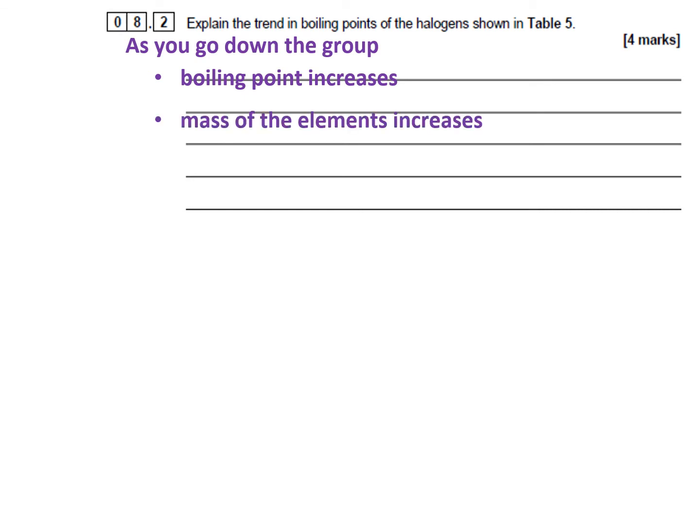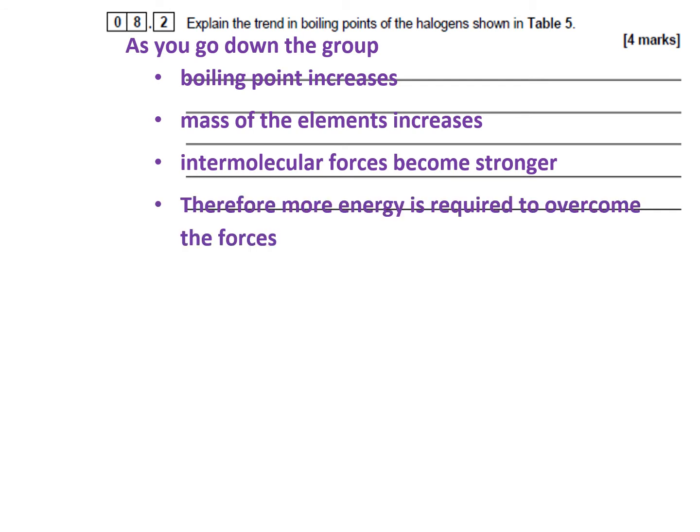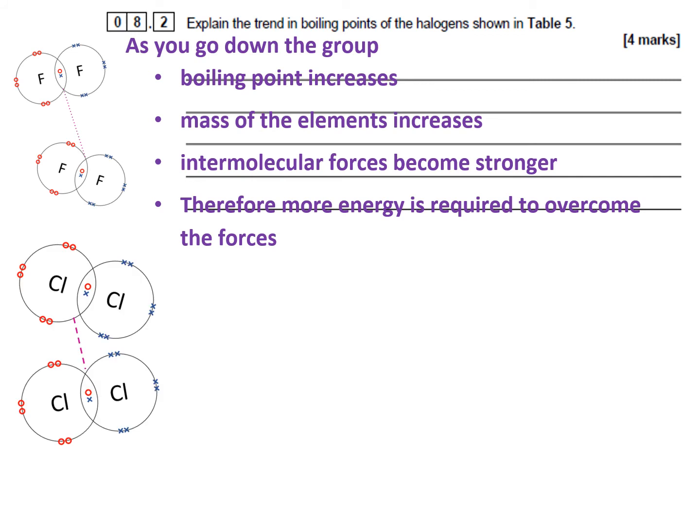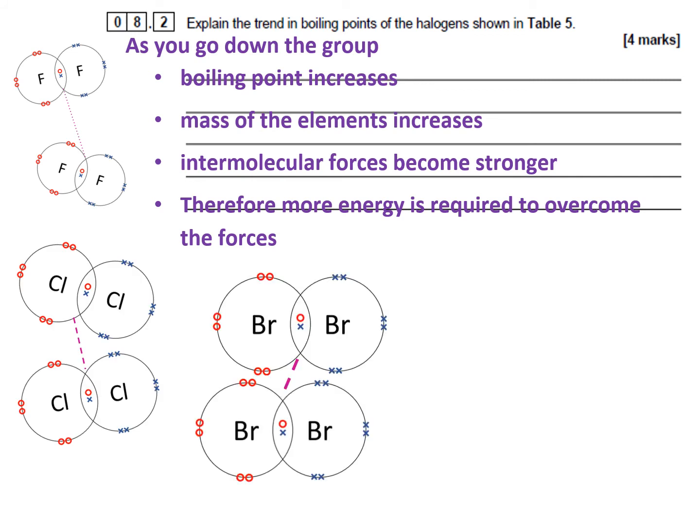So as we go from our small fluorine to our much larger bromine, the mass of the elements is going to increase, which means that the intermolecular forces are going to be stronger. Therefore, it's going to take more energy to overcome those intermolecular forces and push our molecules apart, and hence we're going to see a much higher boiling point as those forces become stronger.